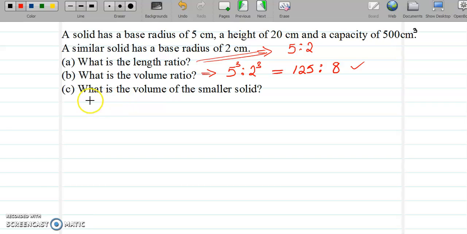Now the third question says, what is the volume of the small solid? We have the volume of the big solid to be 500.